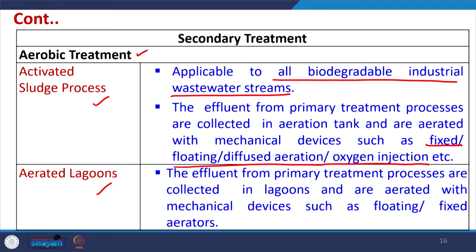Or we can go for aerated lagoons also, which are simpler. As compared to the activated sludge process, their efficiency is certainly lower. Here the technology is similar and that can be adopted.